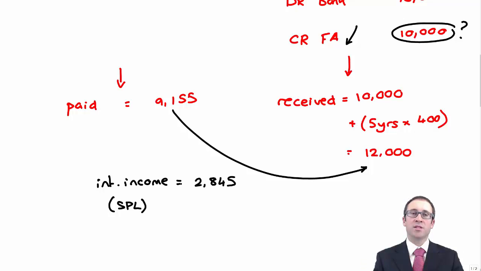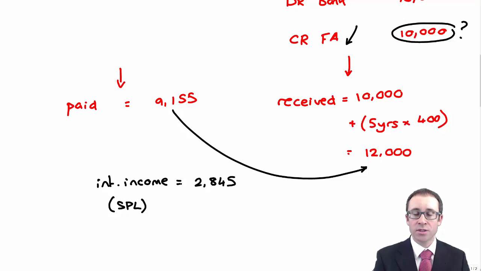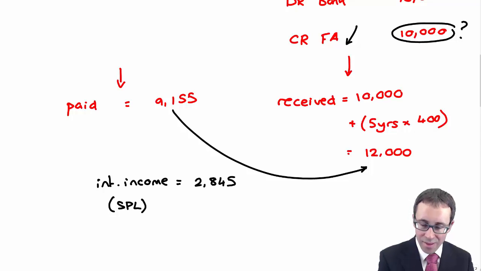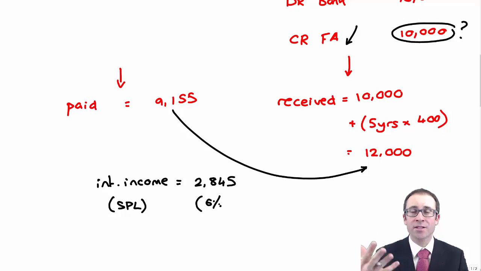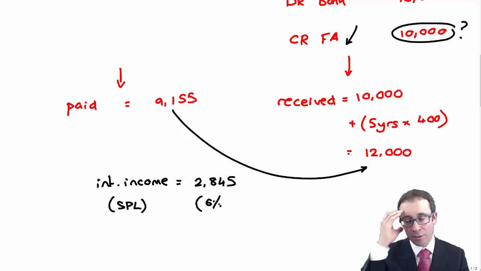We're not going to split it over the 5 years equally. We want to apply the matching concept, and essentially that 2,845, we apply 6%, because in substance that is the rate of interest on the investment that we have made. Yes, we get 4% every single year, but we also get a little bit of capital growth because we paid 9,155 and that grows to the 10,000.